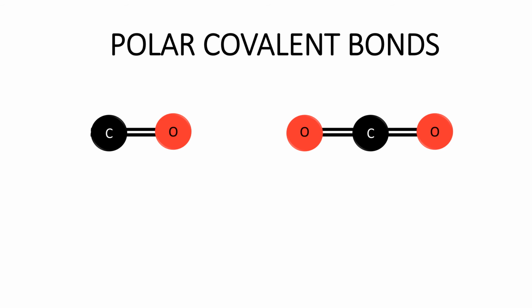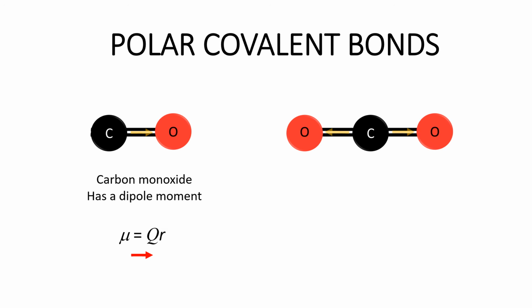Even if they contain polar covalent bonds, if the total molecule is symmetric, then they do not show an overall dipole moment. For example, carbon monoxide and carbon dioxide. Carbon monoxide has a dipole moment between carbon and oxygen because they have different electronegativity. Therefore, carbon monoxide has a dipole moment.